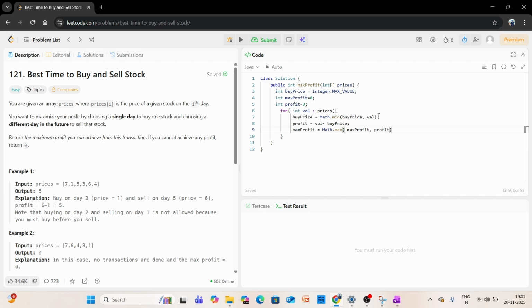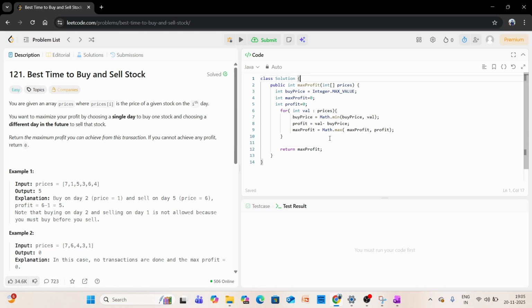Once it is updated, each iteration will keep track of it. And finally we need to return our max profit. So the code is mostly completed, and this is a very simple approach to solve this problem.